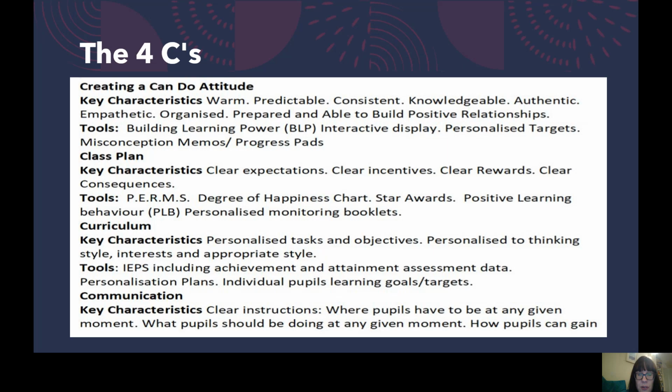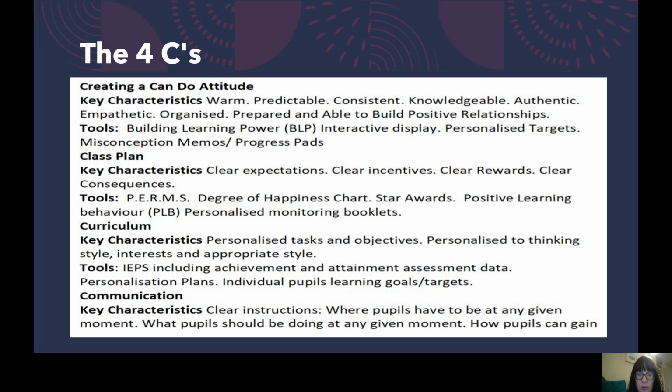The tools, so the building the learning power, also our PLB interactive displays, personalised targets, misconception memos, and progress pads. The class plan. Key characteristics are the clear expectations, clear incentives, clear rewards, and clear consequences.